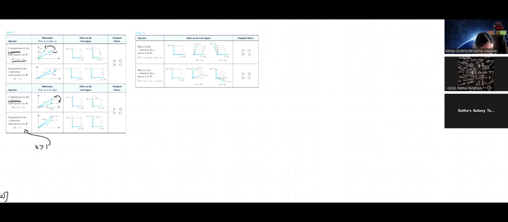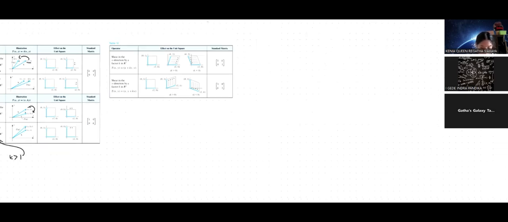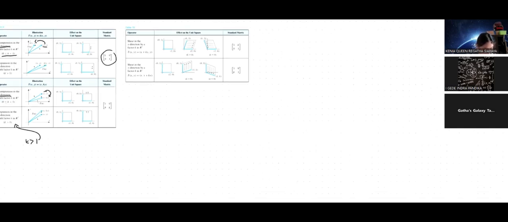So, Table 9 shows illustration and standard matrix for compression or expansion in the direction of x and y in R2. In compression and expansion in x, we can see that the standard matrix is like this. Meanwhile, for the compression or expansion in y, the standard matrix is here. Each of these uses the same method to find T(E1) and T(E2), then arrange the columns.